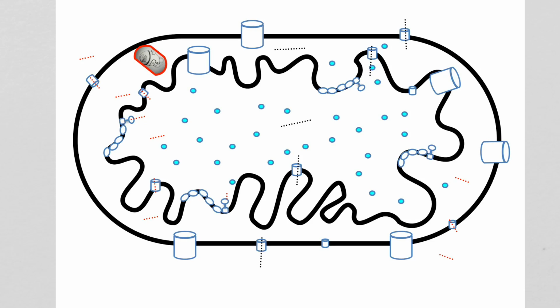So you are now in the mitochondria. Okay, you have gone through the outer membrane. That's the outer membrane of the mitochondria, and you are seeing the inner membrane.